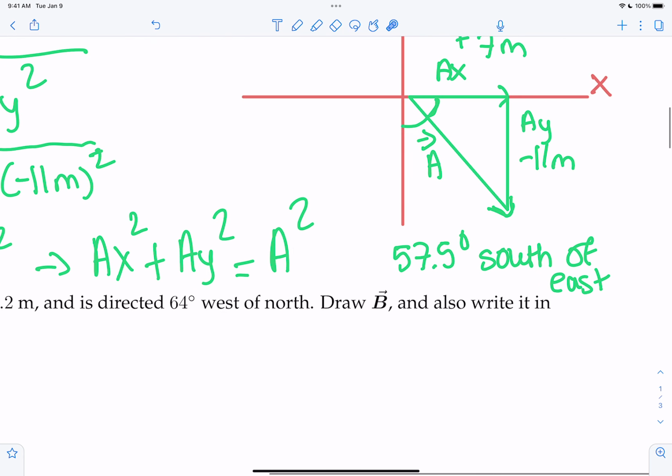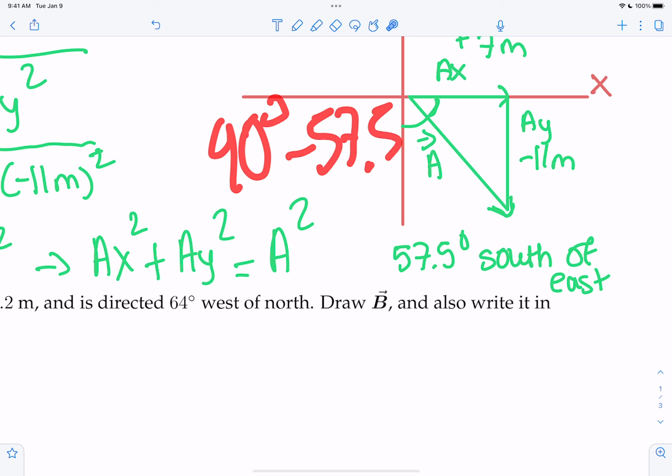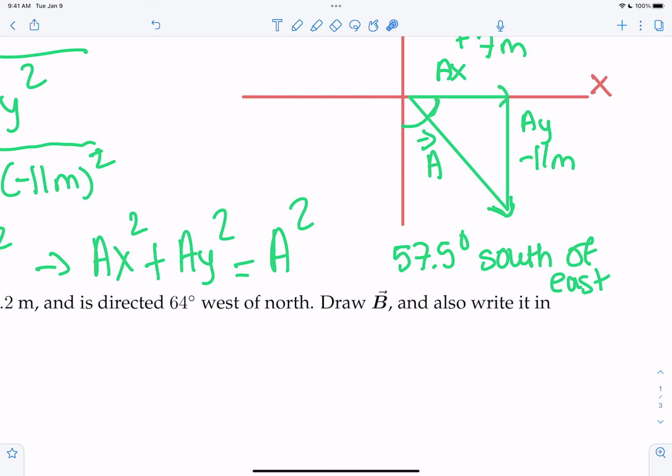If you were to pick east of south, it's just a matter of subtracting this value from 90, because we know this angle is 90 degrees. So 90 degrees minus 57.5 gives you the angle that is east of south. Make sense?